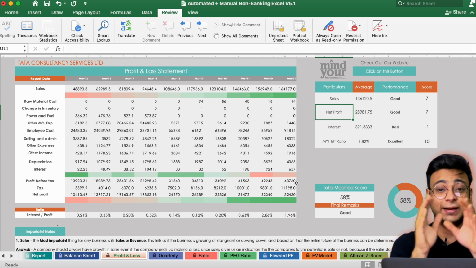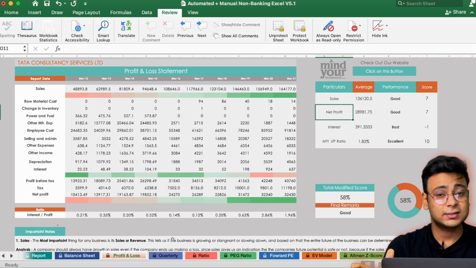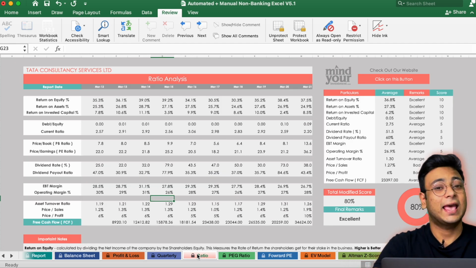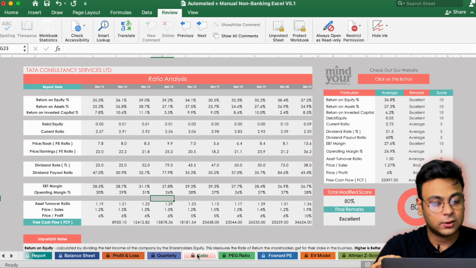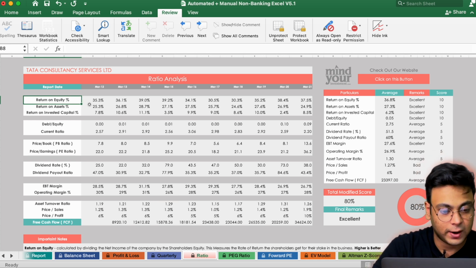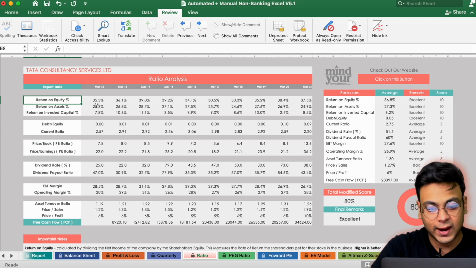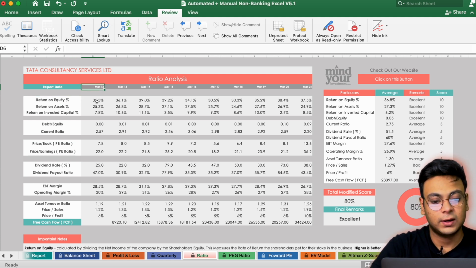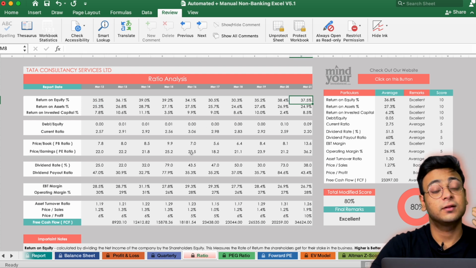Now, if you look at the ratio section of the company, this ratio snapshot gives us everything that we covered. Now, the return on equity over here, if we see, the company's return on equity has always been growing. Starting from 2012 till 2021, the company's return on equity has always been above 30%.